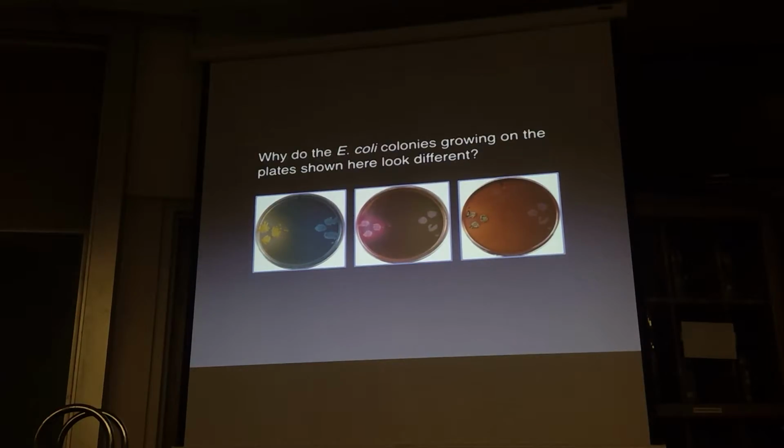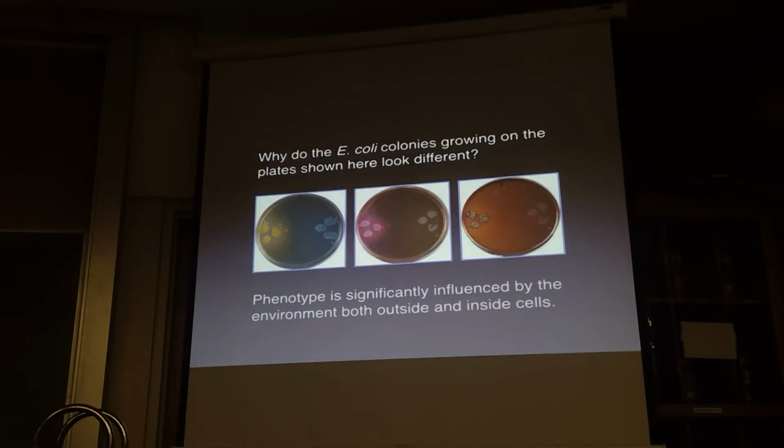And we know that environment can be inside, as I said, repressors, inducers, that kind of thing. But the environment can also be outside, external factors that can influence whether those genes are expressed or not. Needless to say, there's a lot between organisms being exposed to a particular chemical and whether genes are turned on or not.